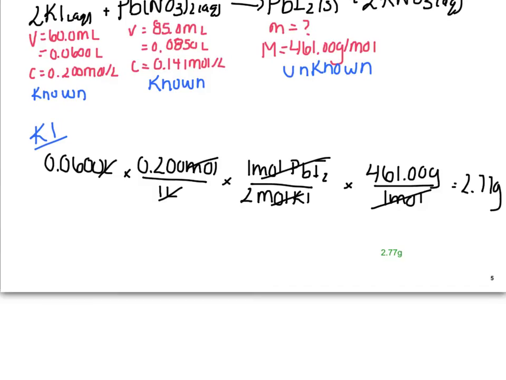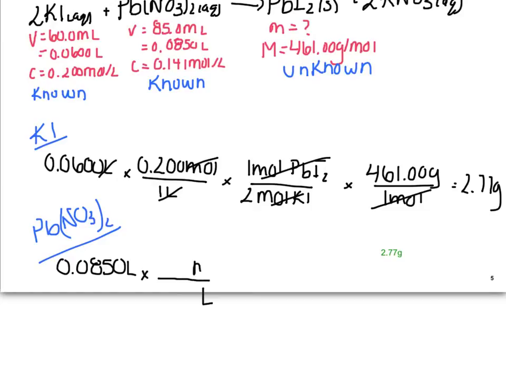So next step would be to see what you would get if lead nitrate was the limiting reagent. So Pb(NO3)2. We started with 0.0850 liters, or 85 mL, times, we need liters on the bottom and we're working towards moles.